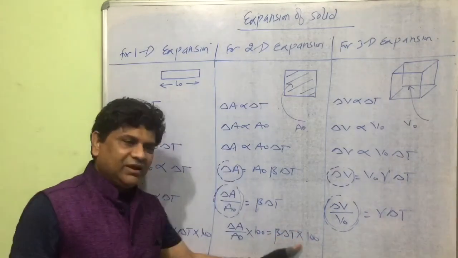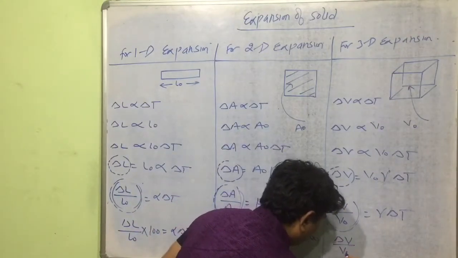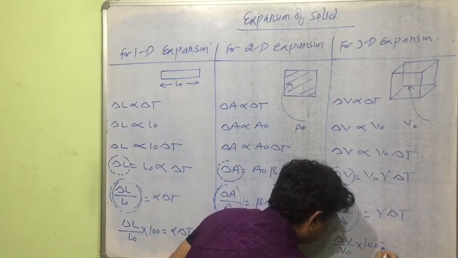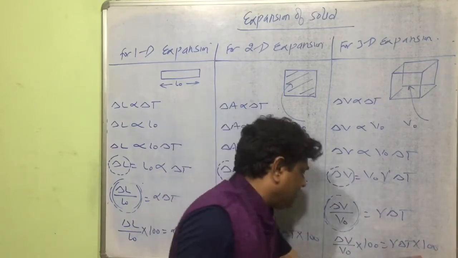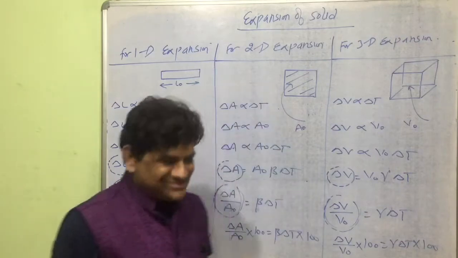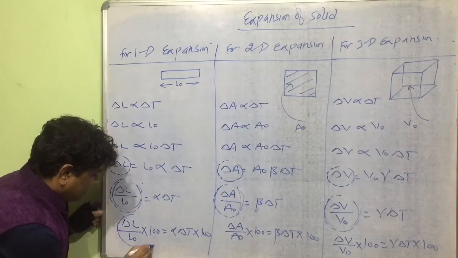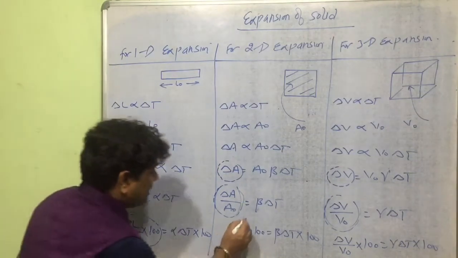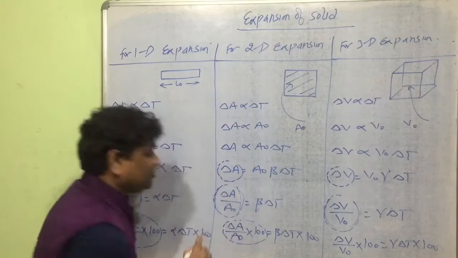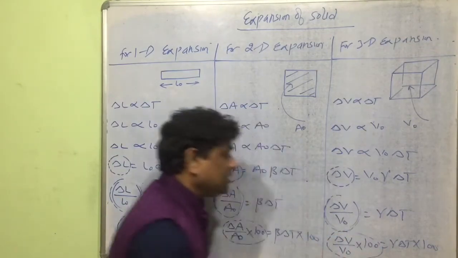And here, delta V by V naught into 100 is equal to gamma delta T into 100. This is known as percentage change in length, percentage change in area, and percentage change in volume.